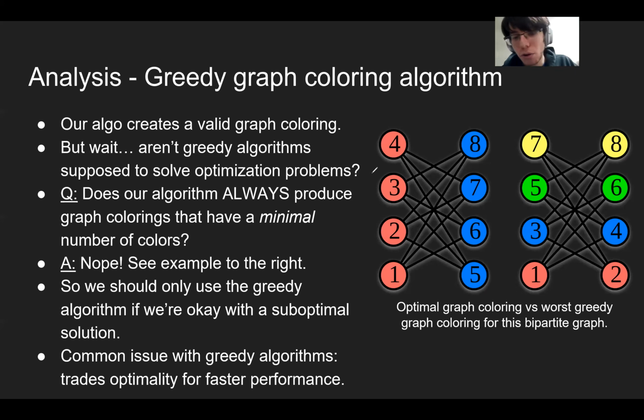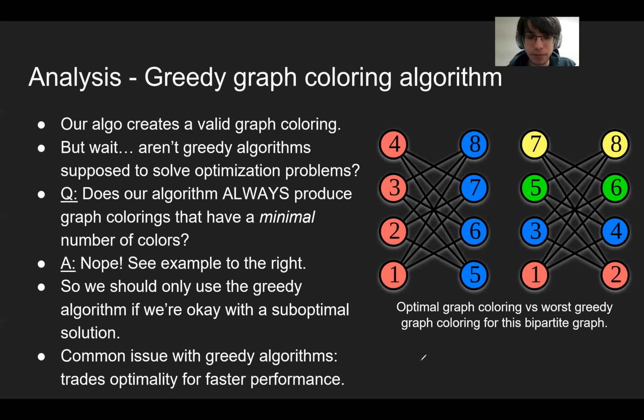And so you're going to ask yourself, okay, how bad can this possibly be? This is not a tight bound, I don't think, but just a simple upper bound on the number of colors that we might use on a graph.